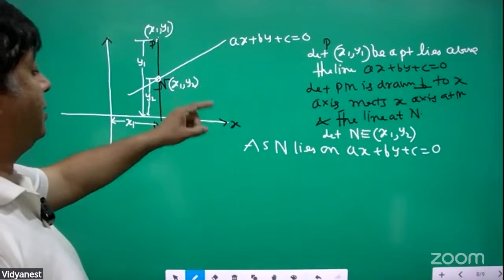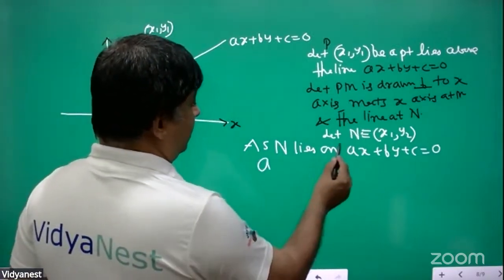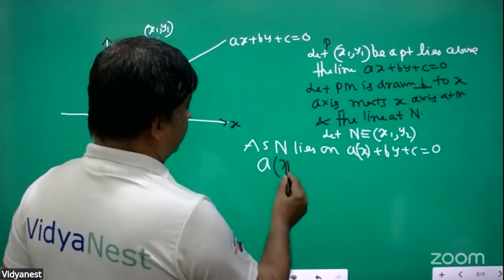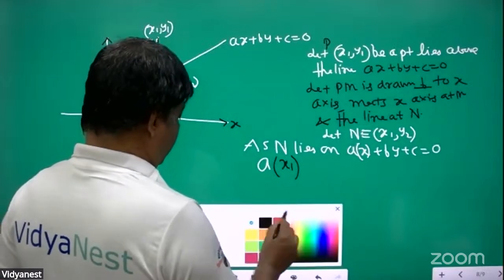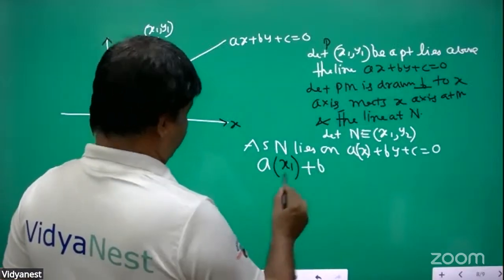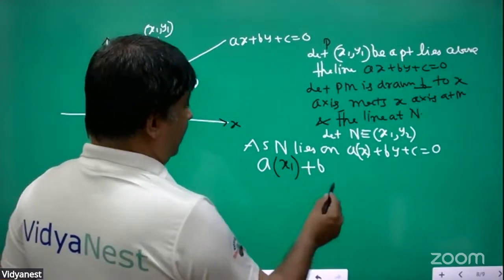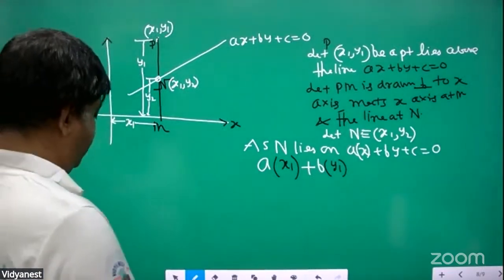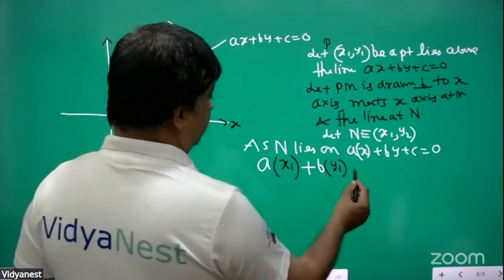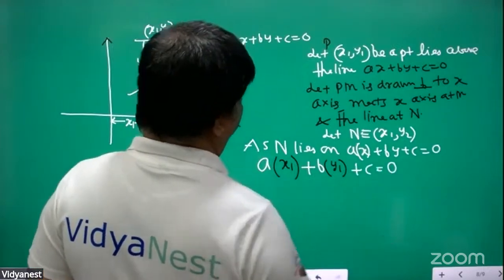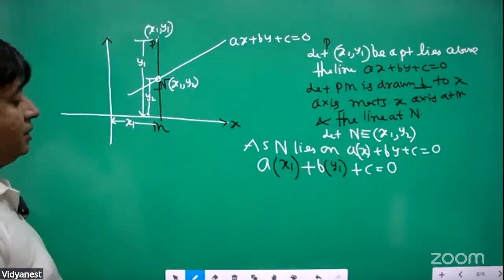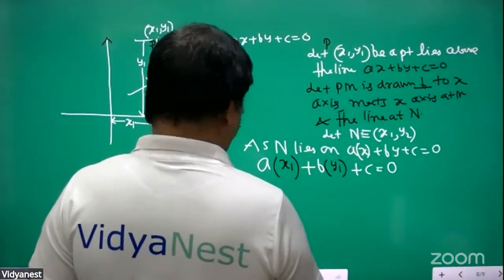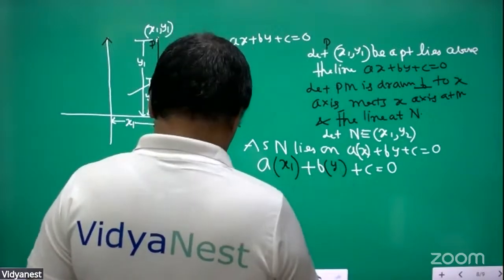What is N? x1, y2. So, a in place of x, x1, plus b in place of y, y2, plus c is equal to 0.